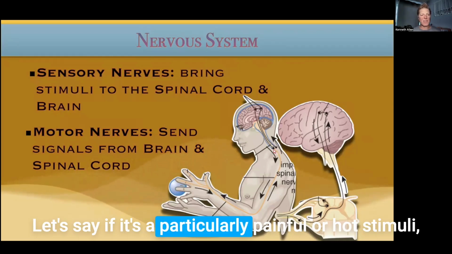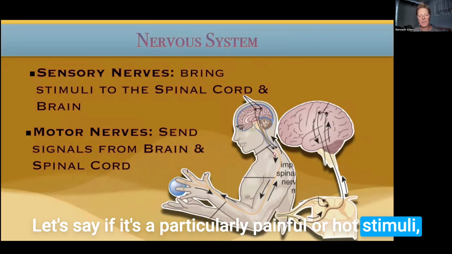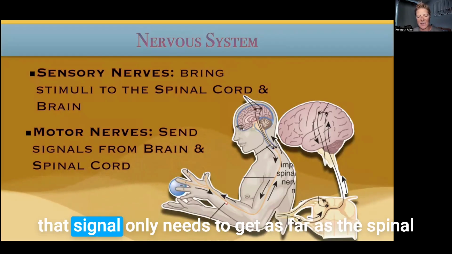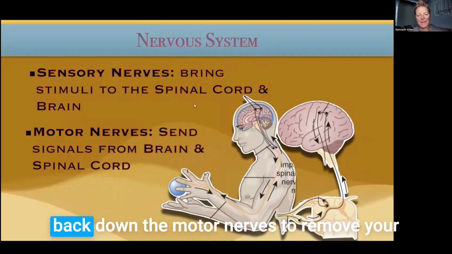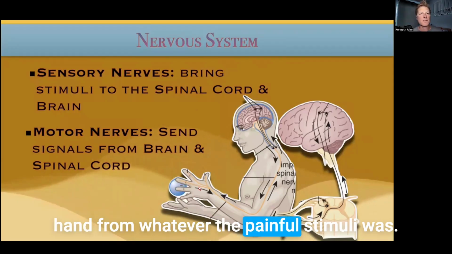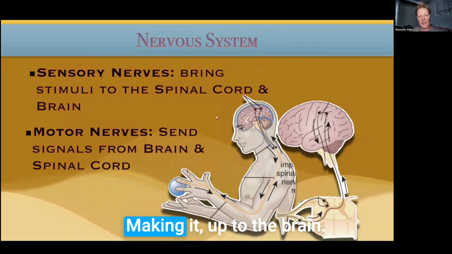Let's say if it's a particularly painful or hot stimuli, that signal only needs to get as far as the spinal cord until your body creates a reflex that's sent back down the motor nerves to remove your hand from whatever the painful stimuli was, before making it up to the brain.